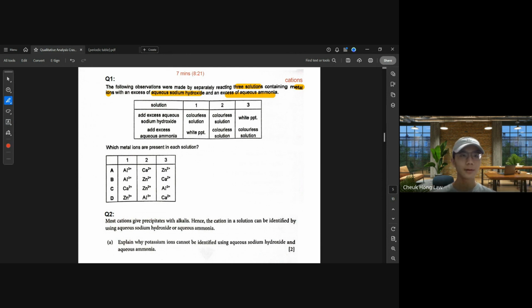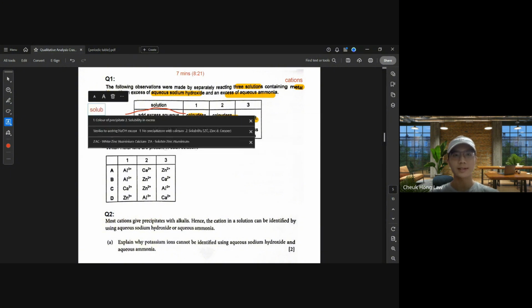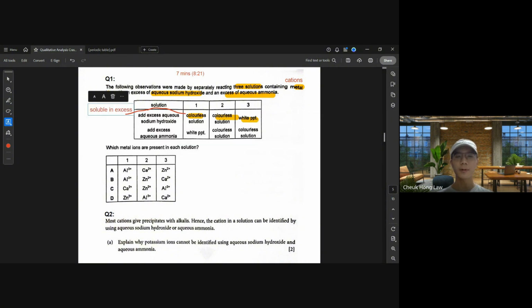So let's look at the observations. When you add aqueous sodium hydroxide in excess, for number 1 you have a colorless solution, number 2 colorless, and number 3 a white precipitate. A colorless solution tells us two things: either no precipitate formed, or the precipitate is soluble in excess.